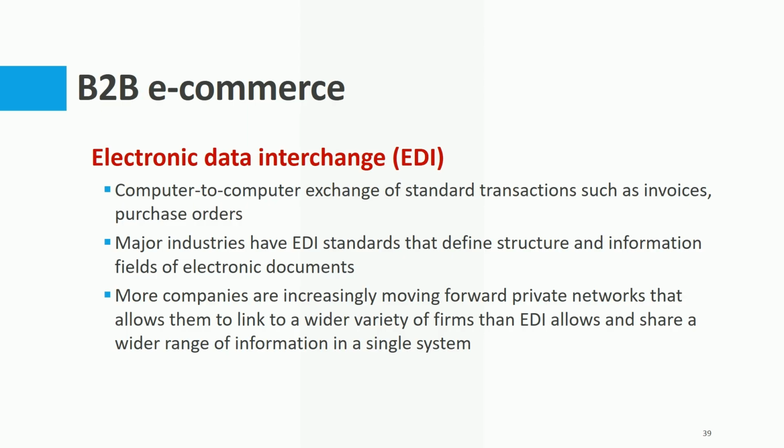EDI facilitates the computerized exchange of standard business documents like invoices and purchase orders between organizations. Initially used for document automation, EDI has evolved into a system for continuous replenishment, particularly for firms practicing just-in-time inventory management.